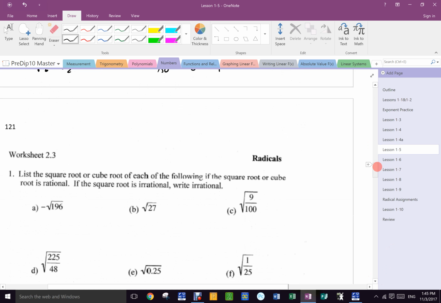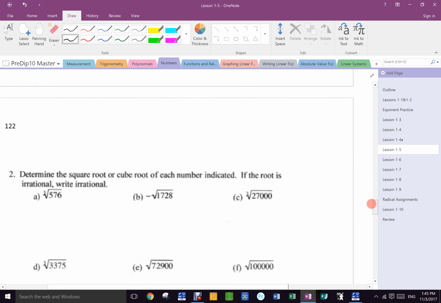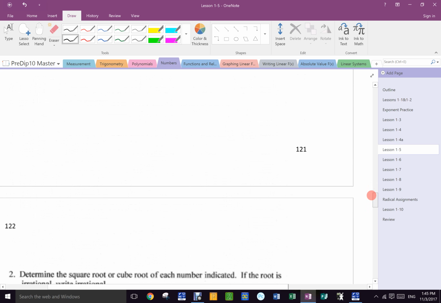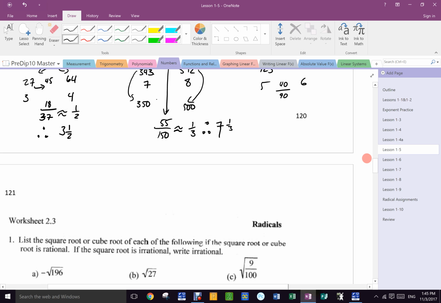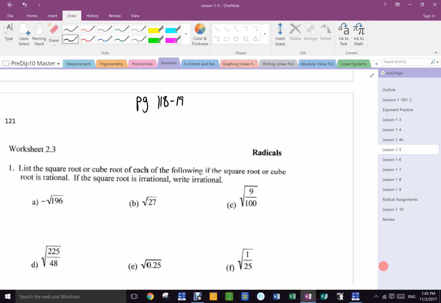Here is what I want from you. You are going to do pages 118 and 119. And you are going to follow these instructions, except if the square root is irrational, you are going to write an estimate.